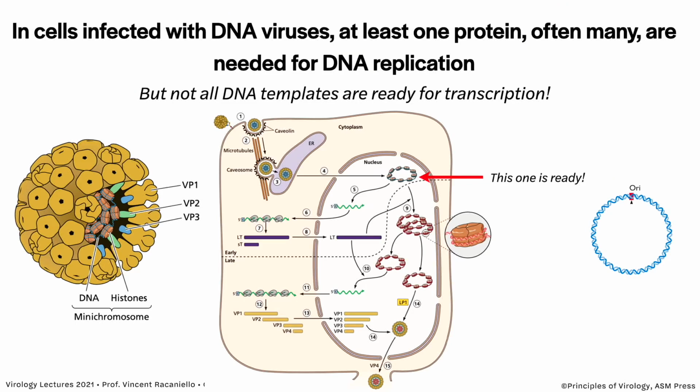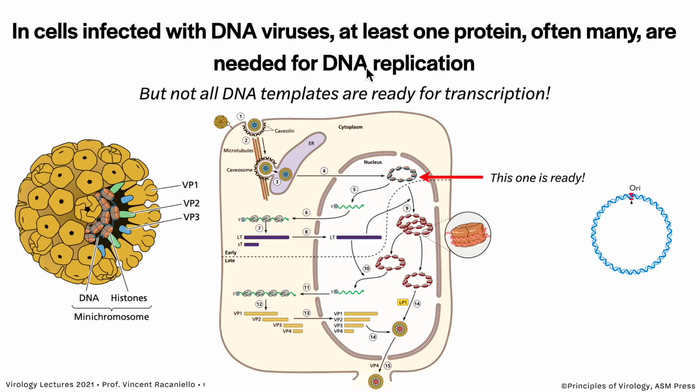Now, this is one of these important factoids that you need to remember: double-stranded DNA is the only DNA that you can make messenger RNA from. In cells infected with DNA viruses, you need at least one protein and often many proteins to get DNA replication, right? A DNA virus comes into the cell, eventually it's got to make more genomes, so it has to do DNA replication.